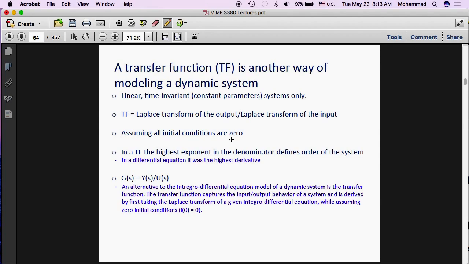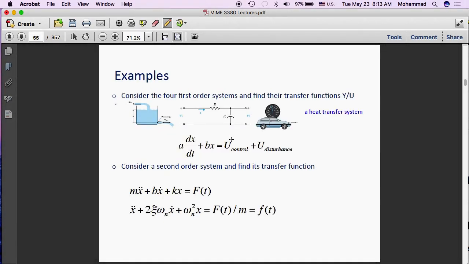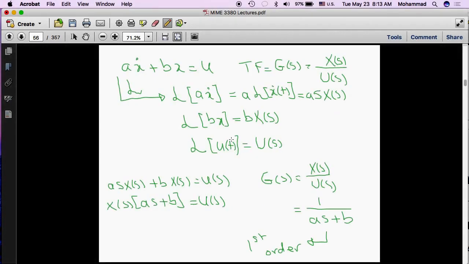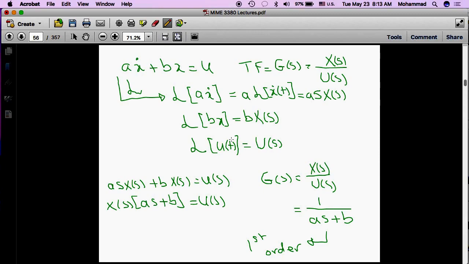So the approach typically is that we already have the differential or differential integral equation of the system. We take that equation into Laplace domain and we strive to find a ratio between output at the top and input in the denominator, and that would be the transfer function. We also mentioned that the same way by looking at a first order differential equation, especially if it is rearranged into the standard form, we can talk about the time constant of the system.